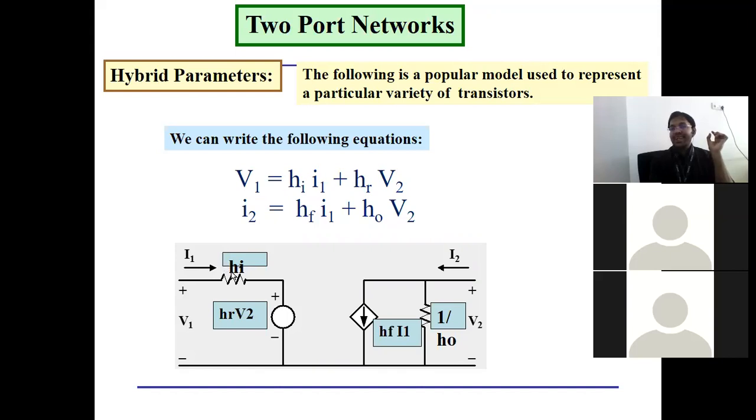So we will write one resistor HI. Next, one more term. We will simply take a voltage source, write HR V2. KVL is for a loop. We have taken a loop in such a way that this will generate the first equation.